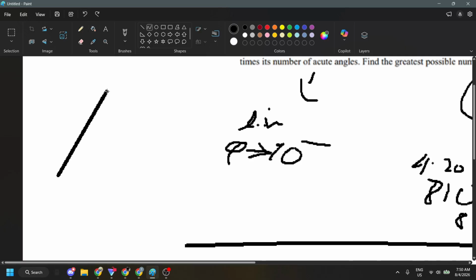Wait, would it curve back? No, it just curved like... Oh no, it would curve. Okay, there'd be curve like this. Then it'd go like this. Then there'd be curve. Huh. Maybe it wouldn't curve all so much and then it'd go like this.